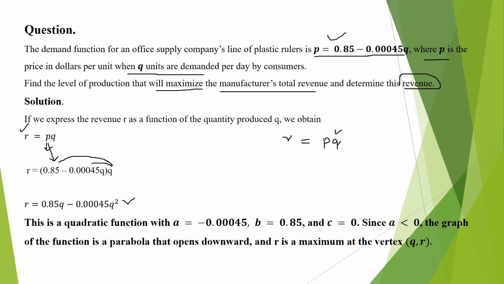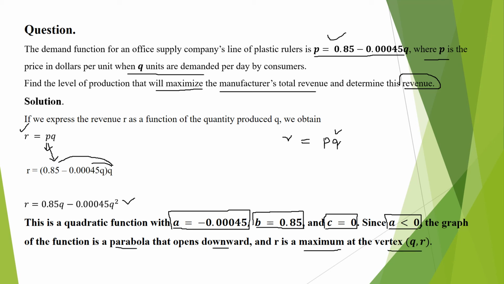Okay, so here my dear student, this is a quadratic equation, and the coefficient of Q square is A, which is minus 0.00045, and the coefficient of Q is B, which is 0.85, and the constant term, which is also called the y-intercept, is C. Since the coefficient of Q square, A, is less than 0, the graph of the function is a parabola that opens downward, so we will get the maximum point at the vertex, Q and R.